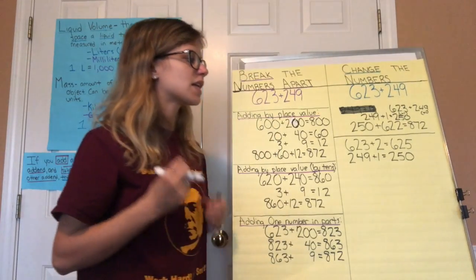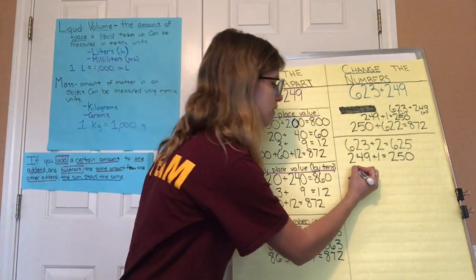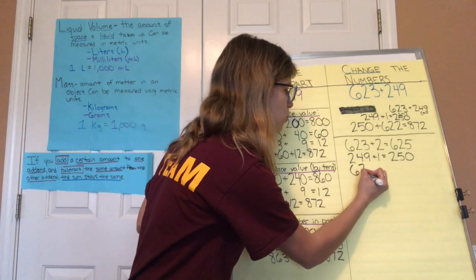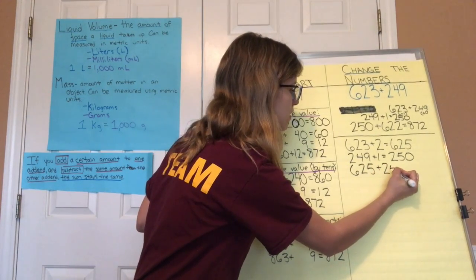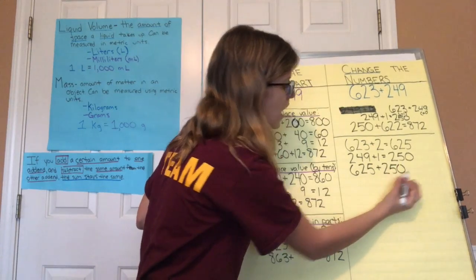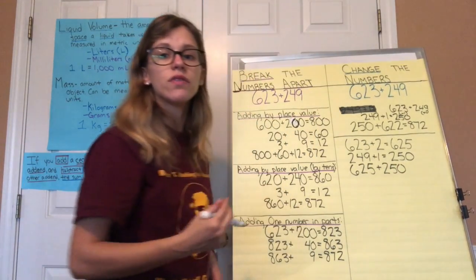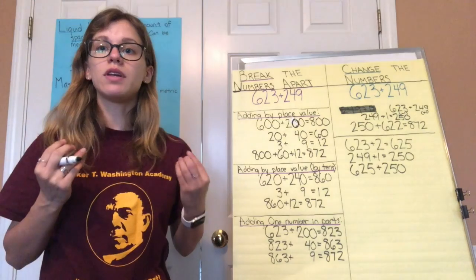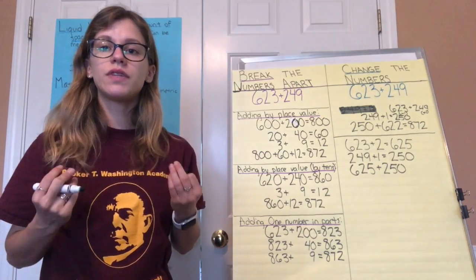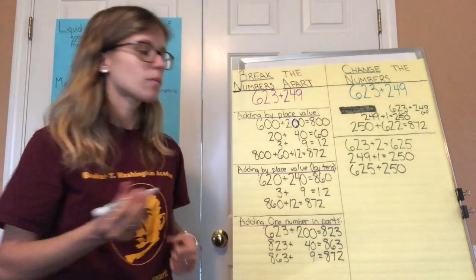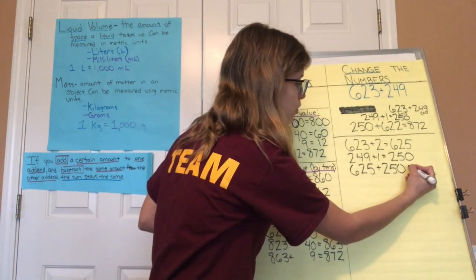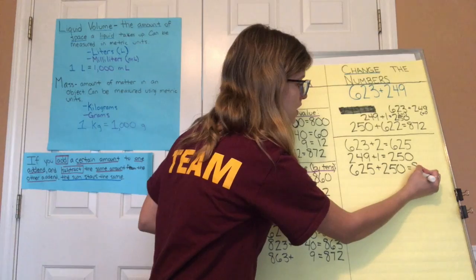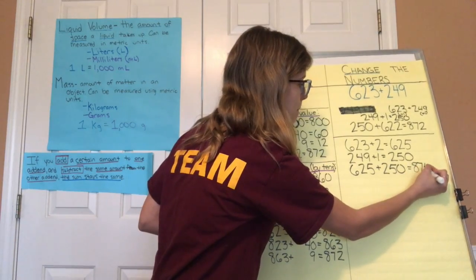Now what I'm seeing is that it's so much easier for me to add 625 plus 250, because I already know that 25 plus 50, and some of you might already know immediately, that 25 plus 50 is 75. So now I'm getting 625 plus 250, which is 875.